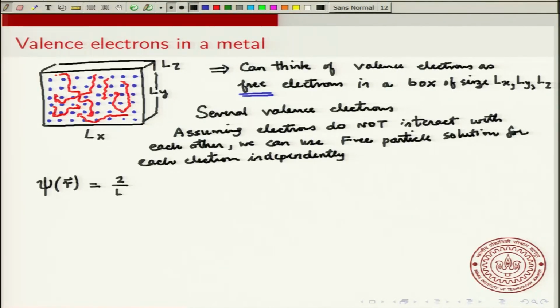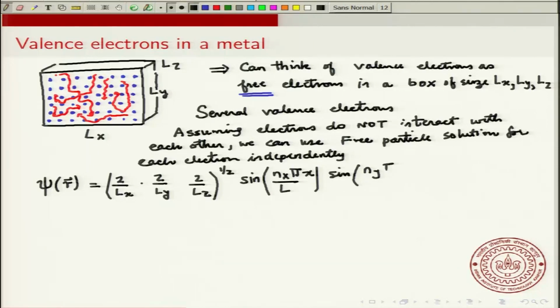It will look like 2 by Lx, 2 by Ly, 2 by Lz, I am just taking all these at the beginning, and you will have sine nx pi x by L, sine ny pi y by L, exactly the expression that we had before, sine nz pi z by L. So this is what the wave function will look like.